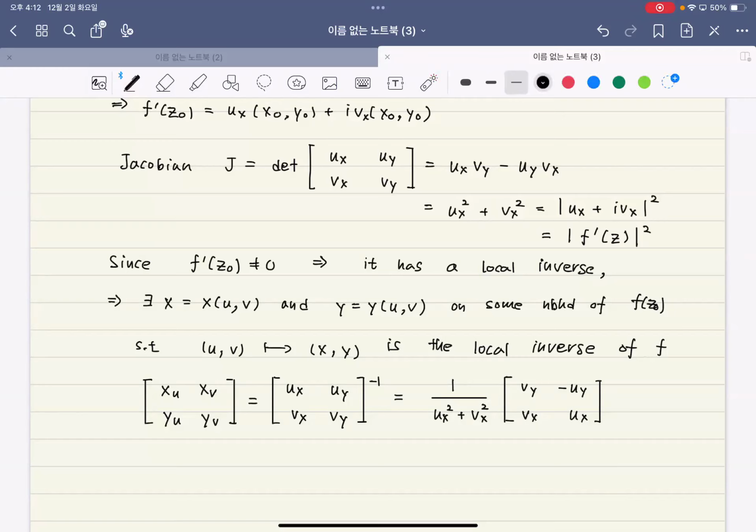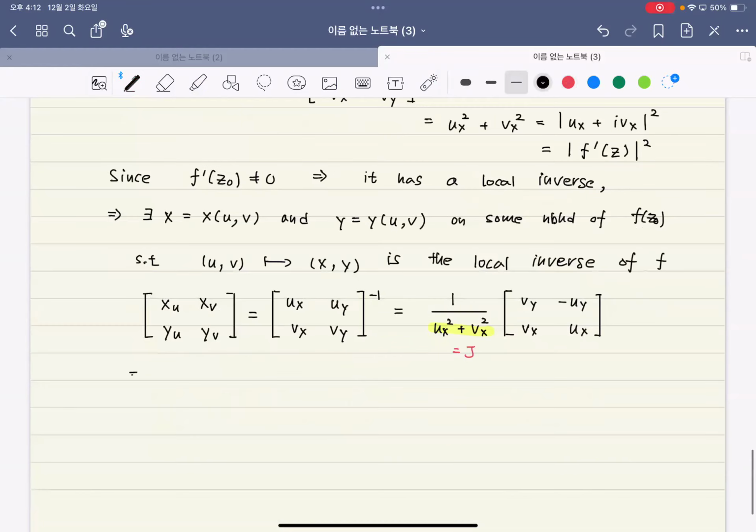From now on, I'm going to give this determinant a name: DJ. Let me compare the components entry by entry. x_u is 1 over J times v_y. And x_v is minus 1 over J times u_y. And y_u is minus 1 over J times v_x.